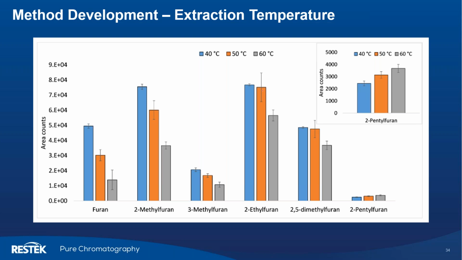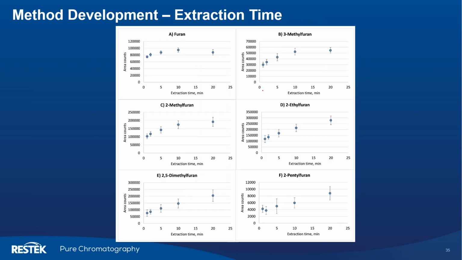So after we looked at the temperature, we also evaluated extraction times, right? And here you can see the extraction graphs for each analyte of interest. So on the y-axis, we have our area counts, and on the x-axis, we have our extraction time in minutes.